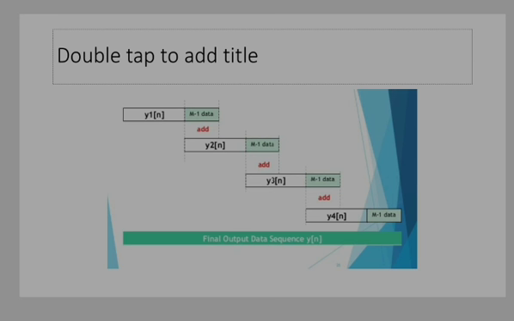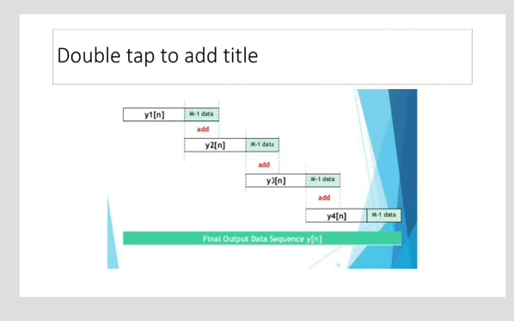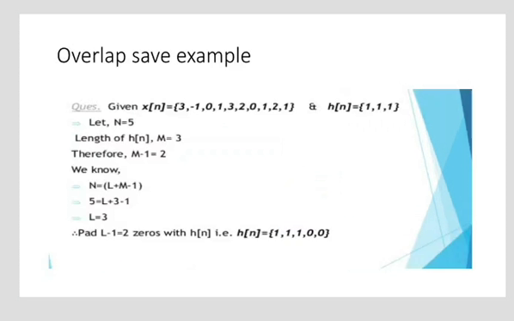So here also we consider the previous example values, that is x of n is equal to 3 minus 1 0 1 3 2 0 1 2 1, and h of n is 1 1 1.